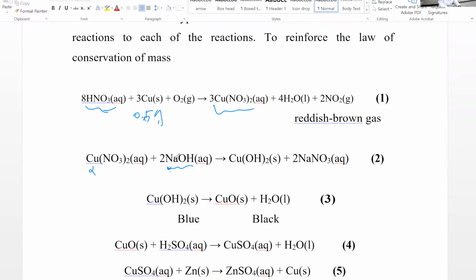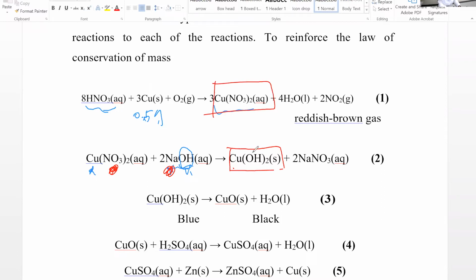So the metal from one compound goes with the non-metal from the second compound, and the metal from the second compound goes with the non-metal from the first compound. So we get copper hydroxide and sodium nitrate. This is a double displacement reaction, but we change the copper from an aqueous solution now to a precipitate.